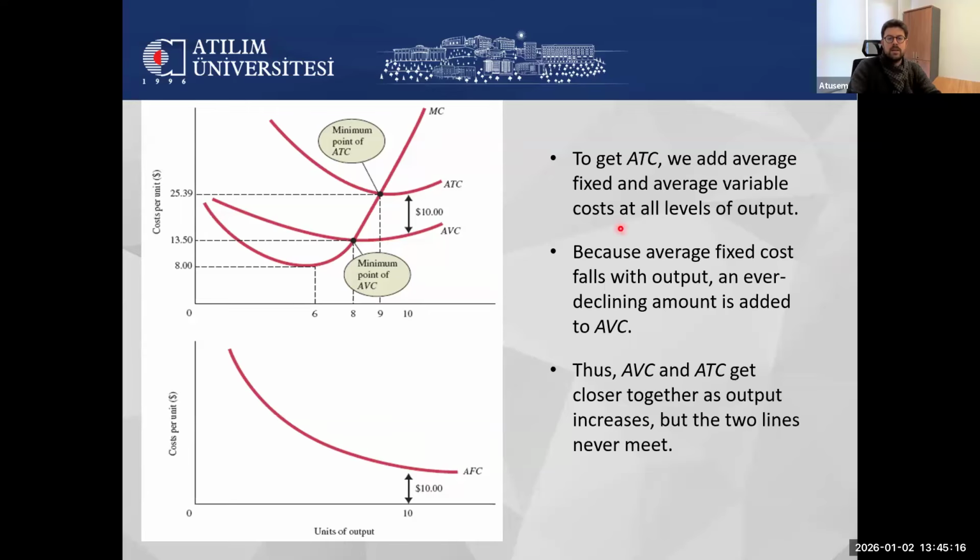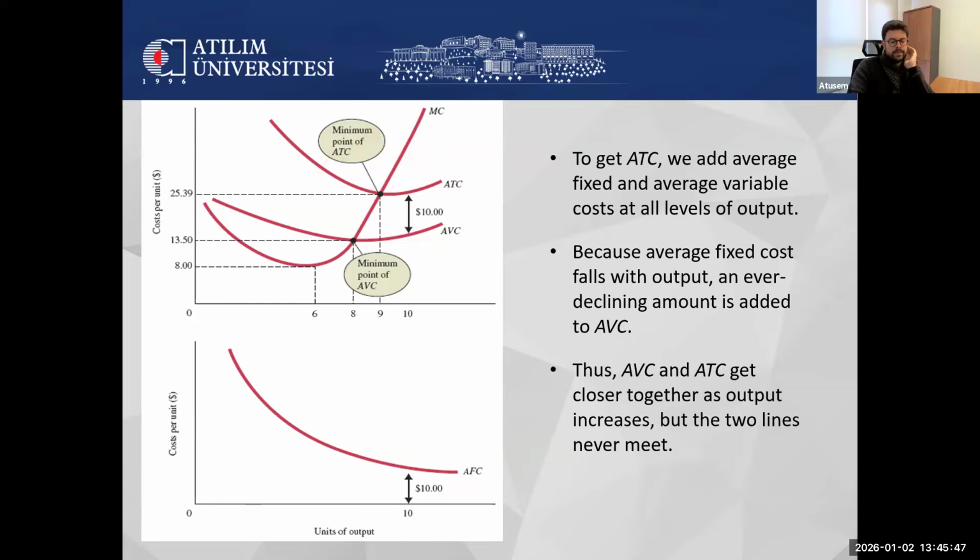That slide shows the shape of the marginal cost, average total cost, and average variable cost, also average fixed cost. Let's look at these graphics. We see that the marginal cost goes through the minimum point of average variable cost and the minimum point of the average total cost.